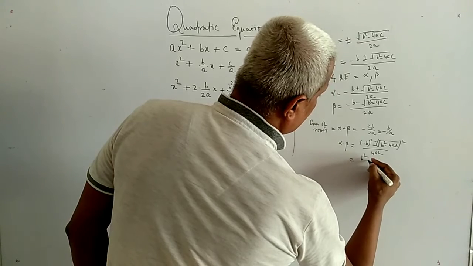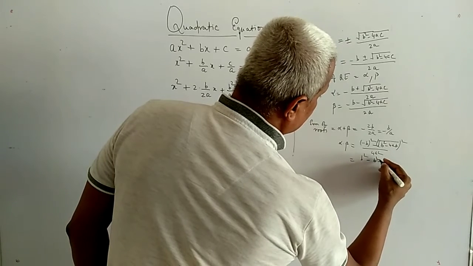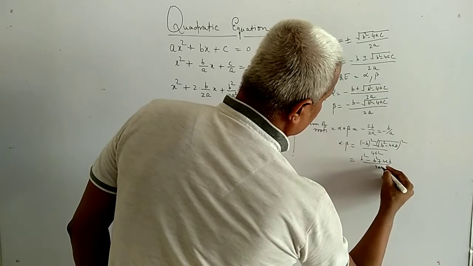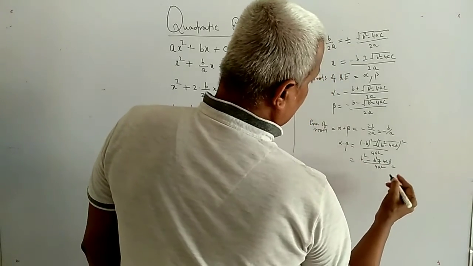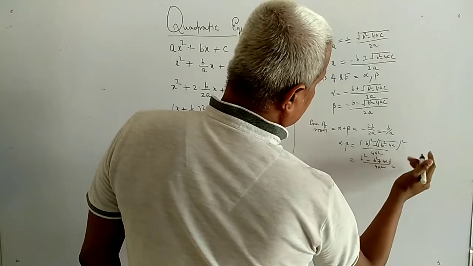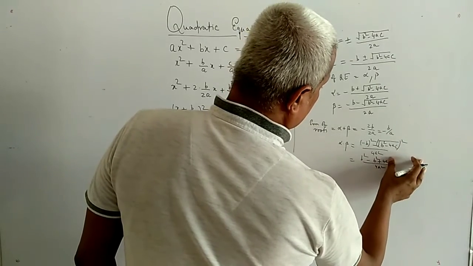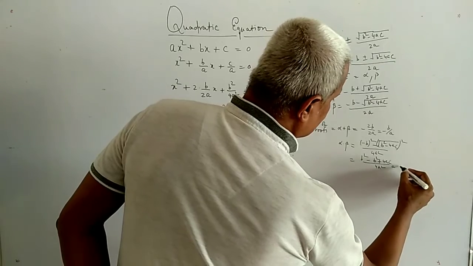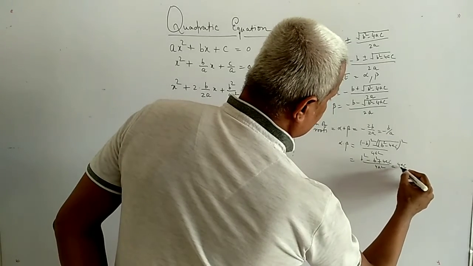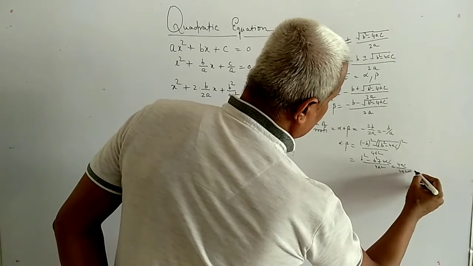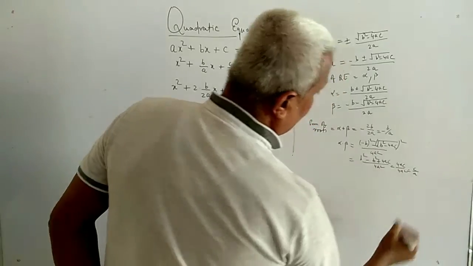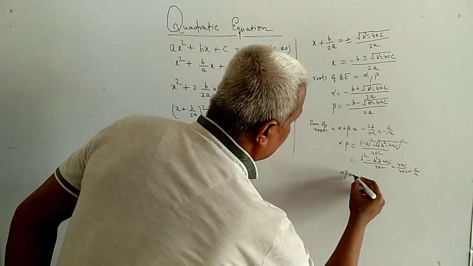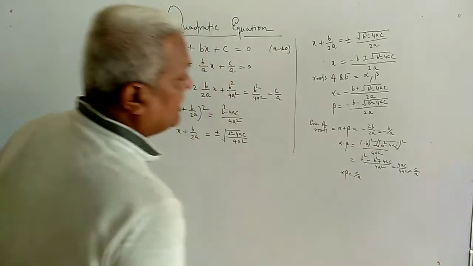This one eventually gives you b square minus b square plus 4ac over 4a square. That is, this is not b, this is c. So this is also c. 4ac, b square cancel. So 4ac over 4a square, that is c over a. So we can write our product alpha beta as c by a.